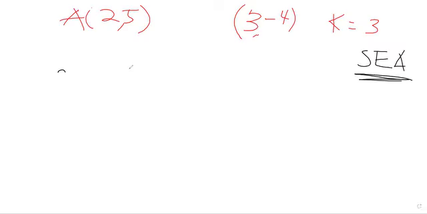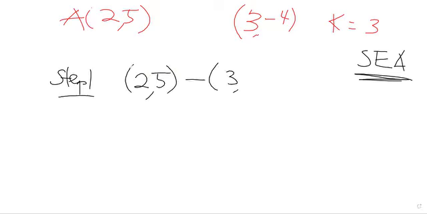So step 1, you're going to subtract. That will be (2, 5) minus (3, -4). So 2 minus 3 is -1. Then 5 minus -4 becomes 5 plus 4, which is 9. Is that okay? (-1, 9).